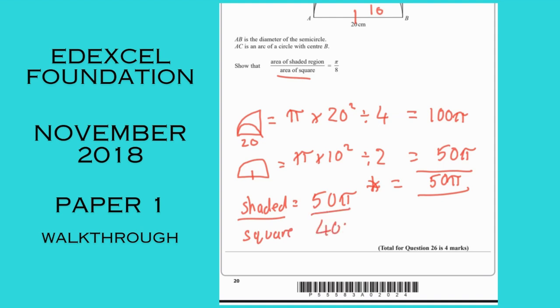That's 400. They cancel. The pi goes nowhere. And 5 over 40, divide top and bottom by 5, you get 1 over 8. So not a friendly pair of questions back to back, those two. But don't give up. Just try some areas and go from there.